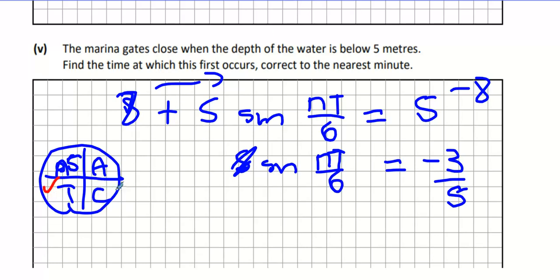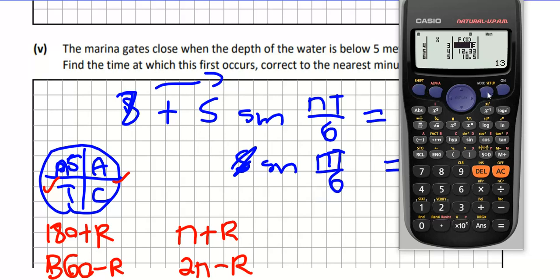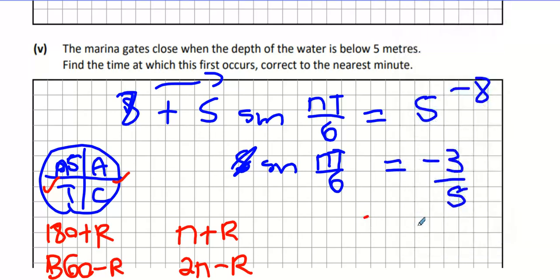They're quadrants T and C, which is usually 180 plus R, but in this case, it's going to be pi plus R. And the other one is usually 360 minus R. But in this case, because we're talking about radians, what does that mean? 2 pi minus R. So what I'm trying to tell you is that I'm going to put the whole system into radians, and then I'm going to do shift sine inverse of minus 3 over 5. And what I get is minus 0.6435.